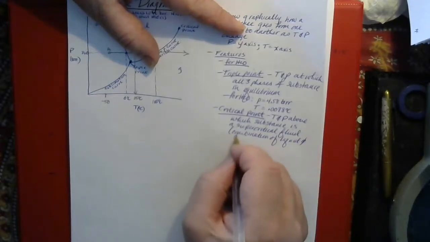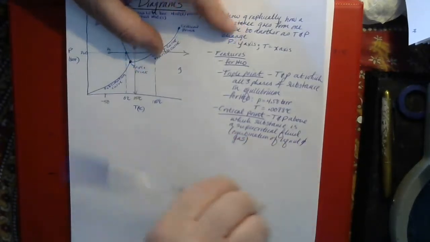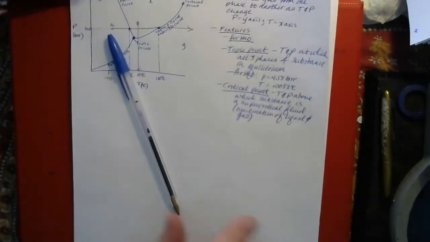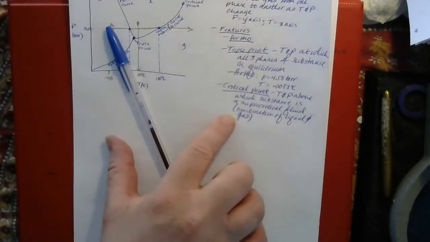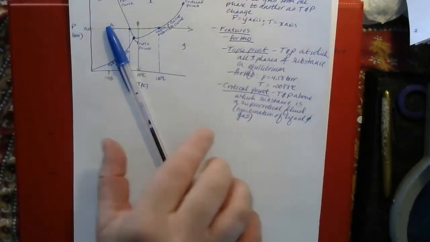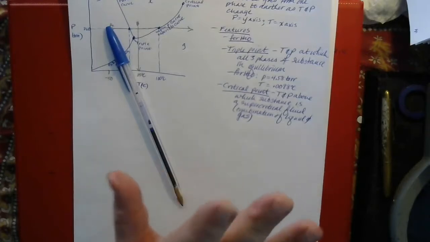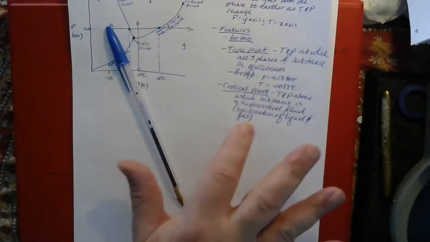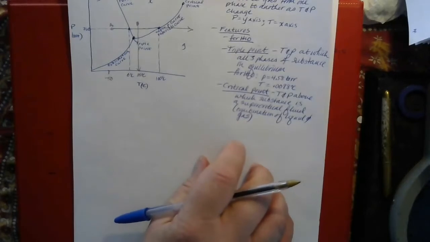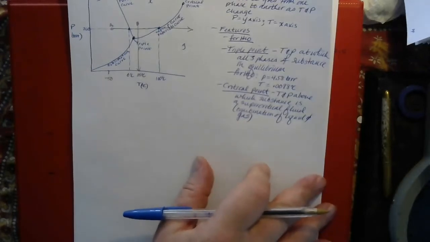And a supercritical fluid, I don't think we really need to go into great detail about what it is, but it's a unique phase of matter that has some properties of liquids and some properties of gases and some properties that are kind of in between liquids and gases.